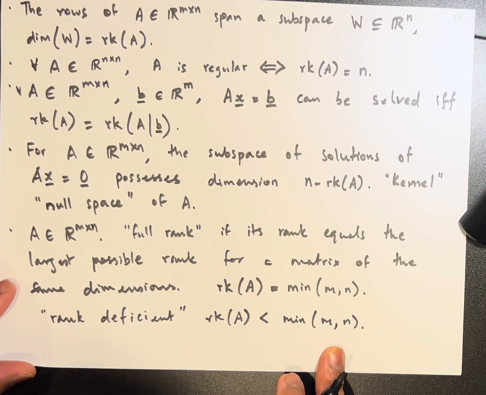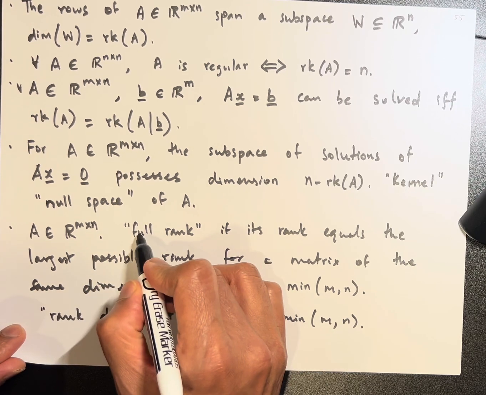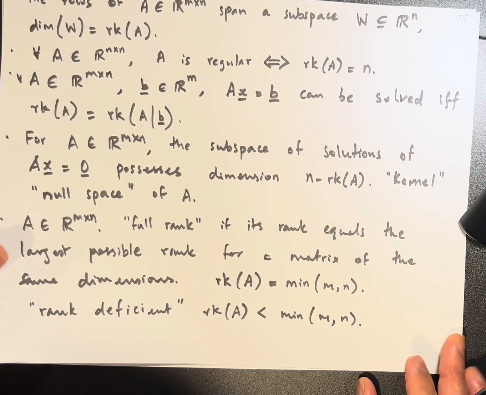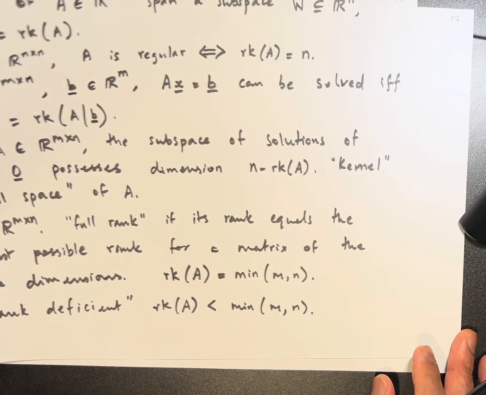That is a rank deficient matrix, and then full rank matrices. So we'll look at some examples next, so hopefully that will make all this notation a little bit more concrete.